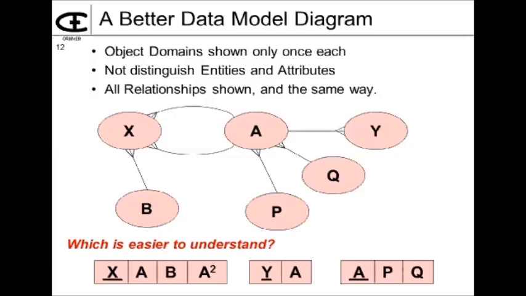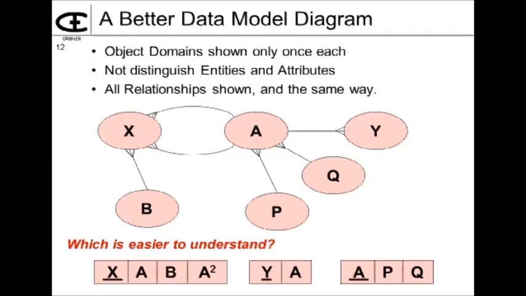And I'm showing you the relationships that are reflected in the table. But notice, I had to have known all of those relationships before I could draw that table, those three tables. The upper diagram is ORM. Object domains are shown only once. There is no distinction between entities and attributes because that's by virtue of a relationship.